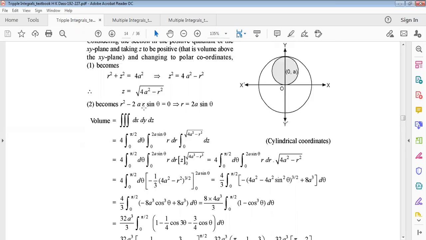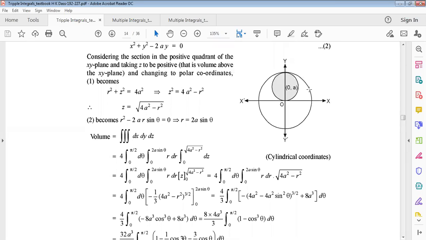Now, this is the common region, starting from 0, and this distance in y will be a. So the volume will be dx dy dz, length multiplied by breadth multiplied by height.